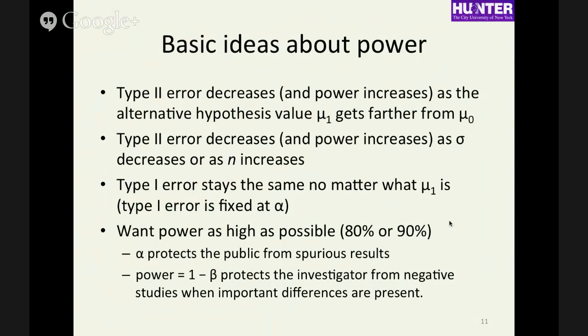Both of those things cause a reduction in the standard error. So those are, yes? Beta is the type 2 error rate. So beta is the probability of accepting H0 when the alternative hypothesis is true.